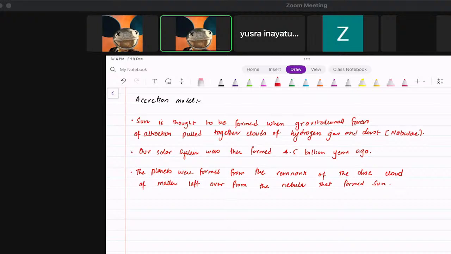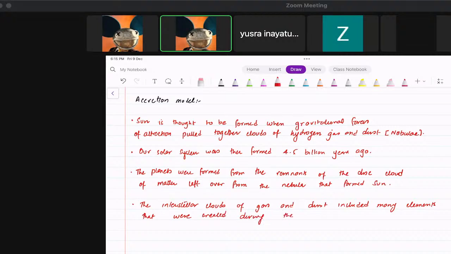Now, please write that the interstellar clouds of gas and dust included many elements that were created during the final stages of a star's life cycle.